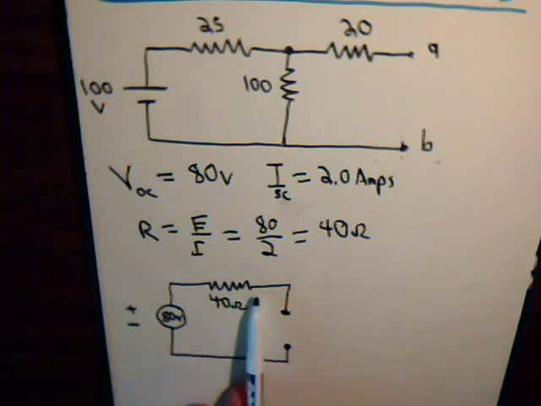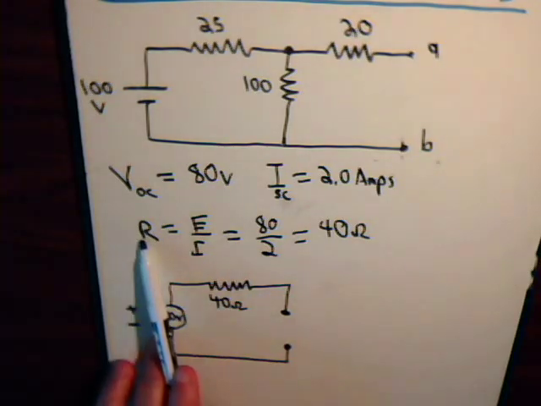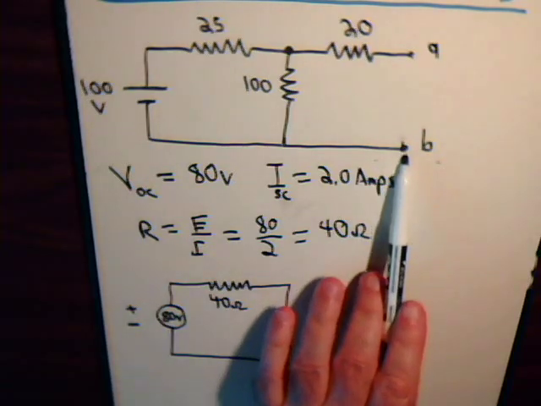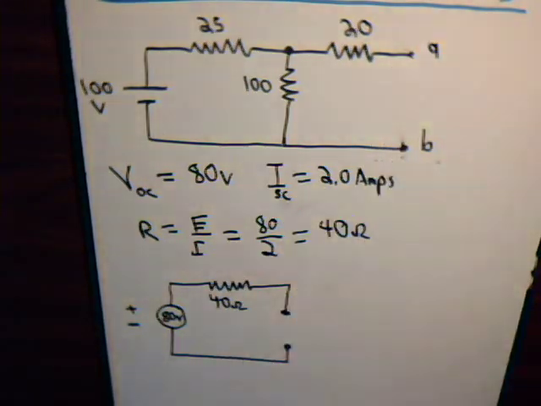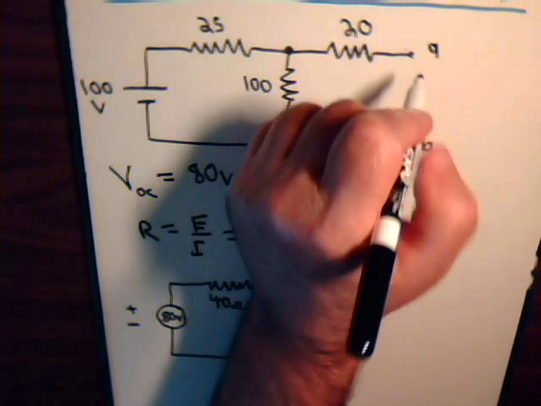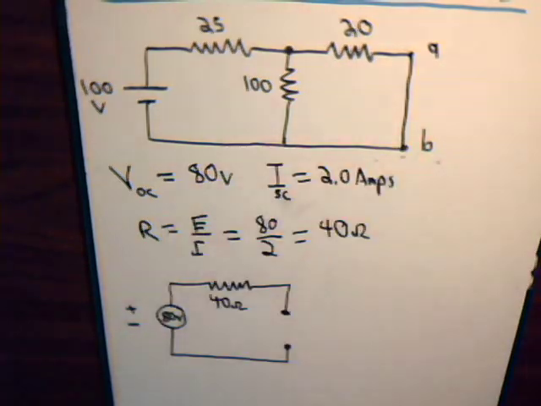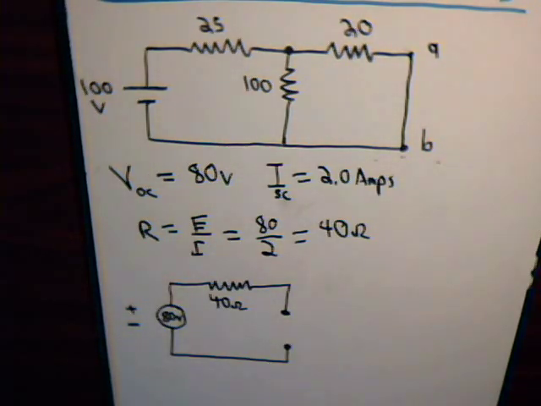The resistance of our Thevenin circuit is called the Thevenin resistance. This is called the Thevenin voltage. So going back to here, our open circuit voltage becomes the Thevenin voltage. The closed circuit current, like this, is not called the Thevenin current, it's called the Norton current.